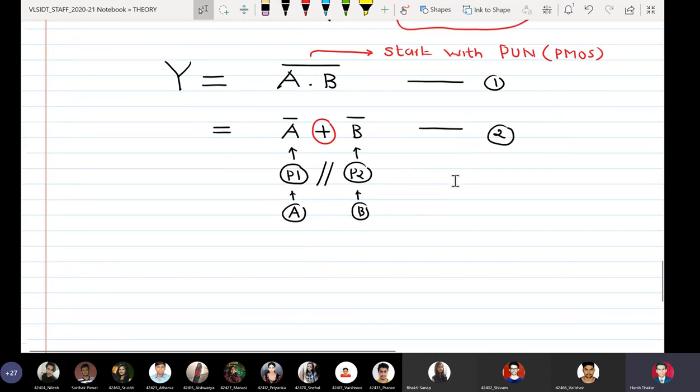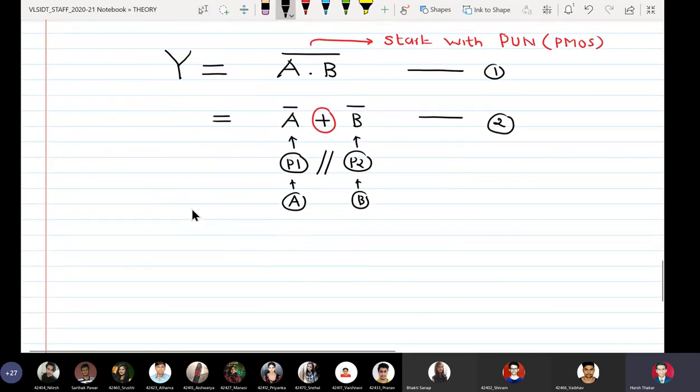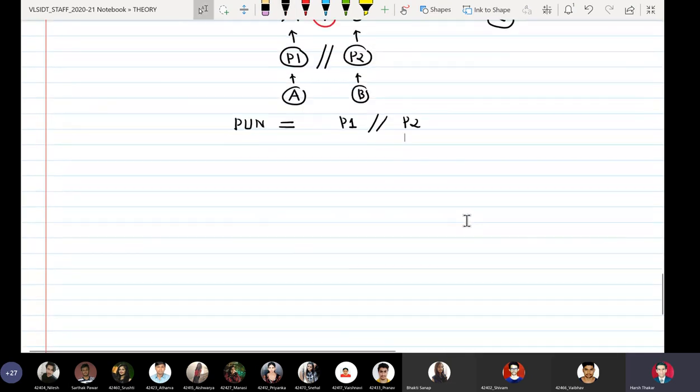So my conclusion is this. That means my pull-up network is equal to the first PMOS parallel with the second PMOS. And we said that once the pull-up network has been devised, you can directly devise the pull-down network as a mirror image. So the pull-up network is P1 parallel P2.